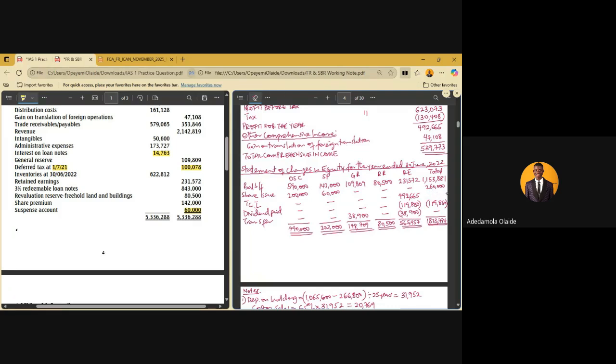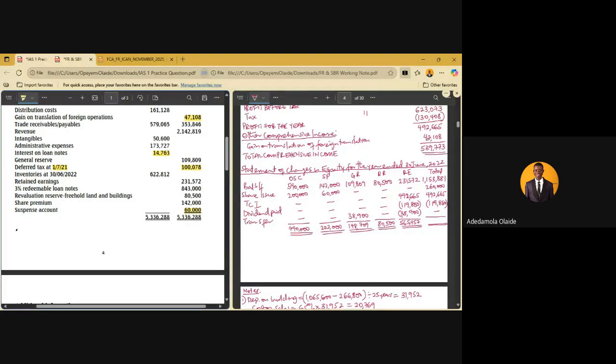So what do we have? Please help me correct this. 492,665. Please help me correct this total. I'm only saying this gain on translation of foreign operation.